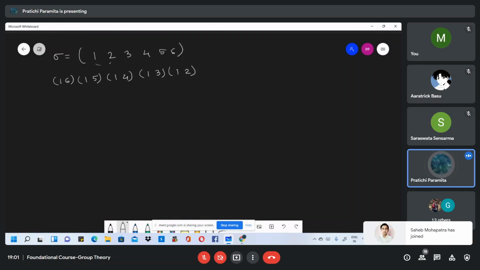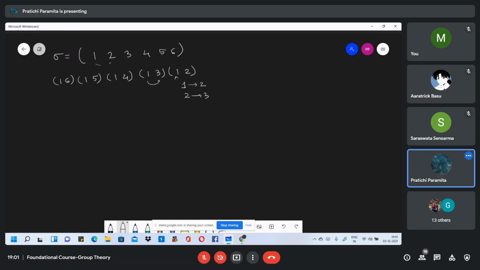So if you see, 1 goes to 2, 2 goes to 1, here 1 goes to 3, so 2 goes to 3. 3 goes to 1, 1 goes to 4, so 3 goes to 4. 4 goes to 1, 1 goes to 5, and you only move in the left direction. It's composition happening over here. So 4 goes to 5, and 5 goes to 1, 1 goes to 6, so 5 goes to 6, and 6 goes to 1.